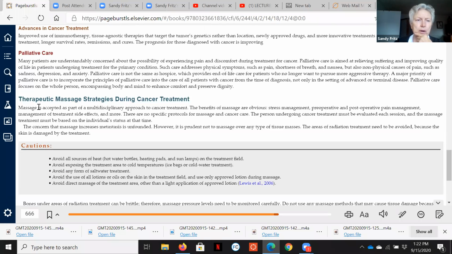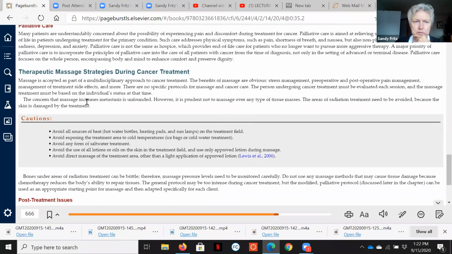So here are some cautions to consider. There is an expectation that the individual will be working with an entire care team. Being able to communicate with them is important.